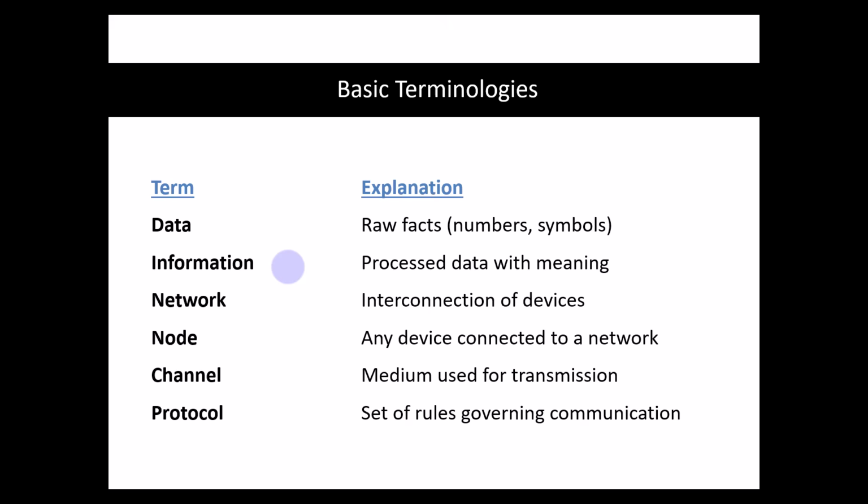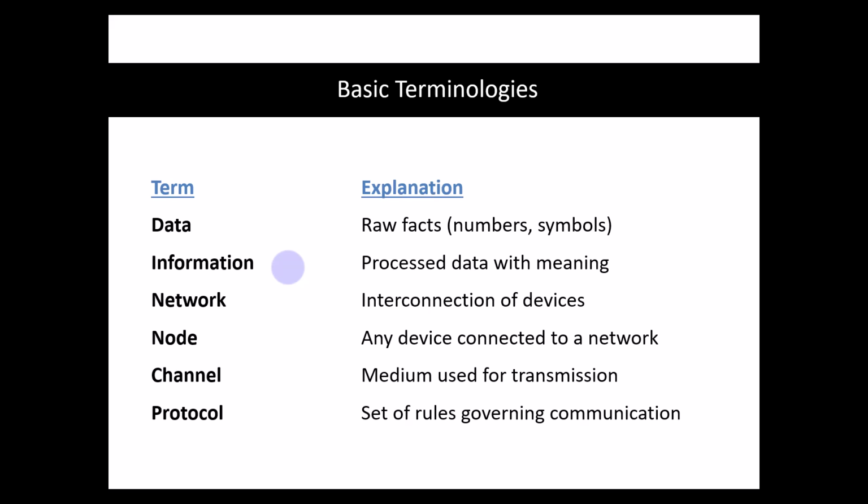So back to the terms that we mentioned in the definition. We mentioned that it's the transfer of data between devices. We know data is defined as raw fact that you are sending, and then information is when the data is processed to make meaning. So the devices along the way can process the data to derive meaning out of that data. That is when we call it information.